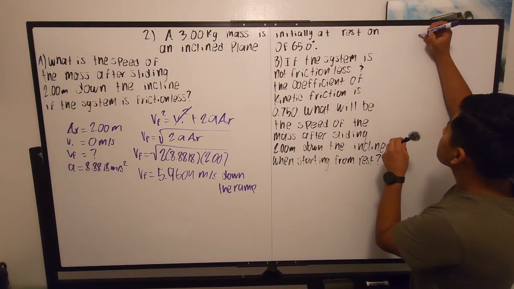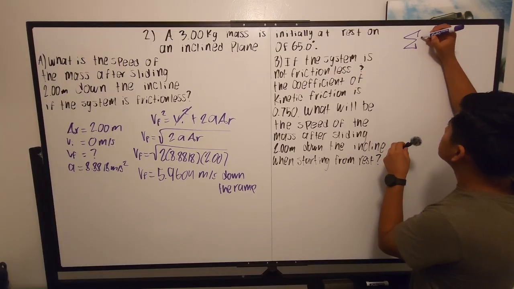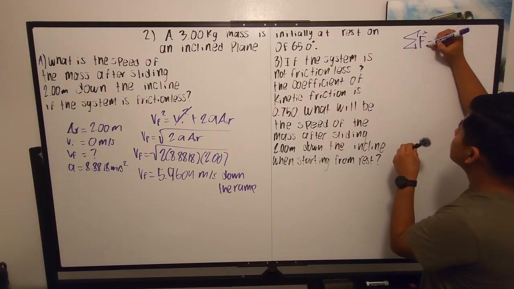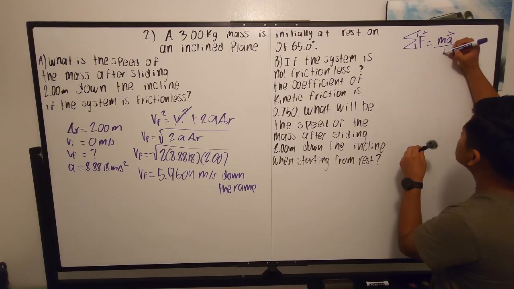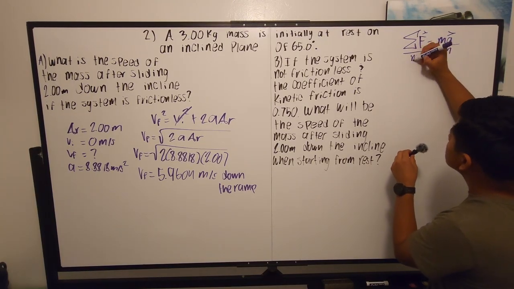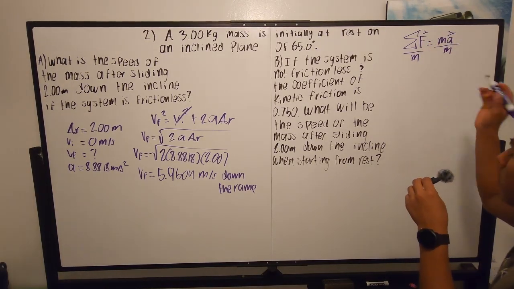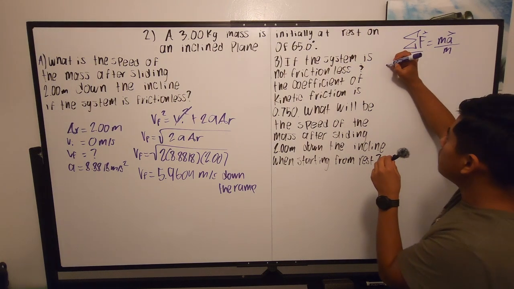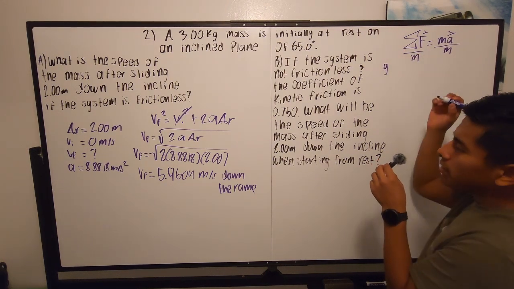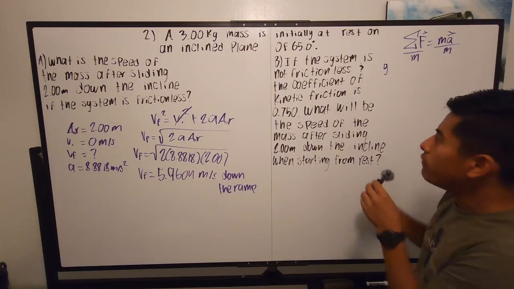So we have the sum of all the forces is going to be equal to the mass times the acceleration. Isolating for acceleration, we get this. And now we're going to write down all the forces that we actually have. So we're going to have the force of gravity in the positive direction, in the direction that we're moving.